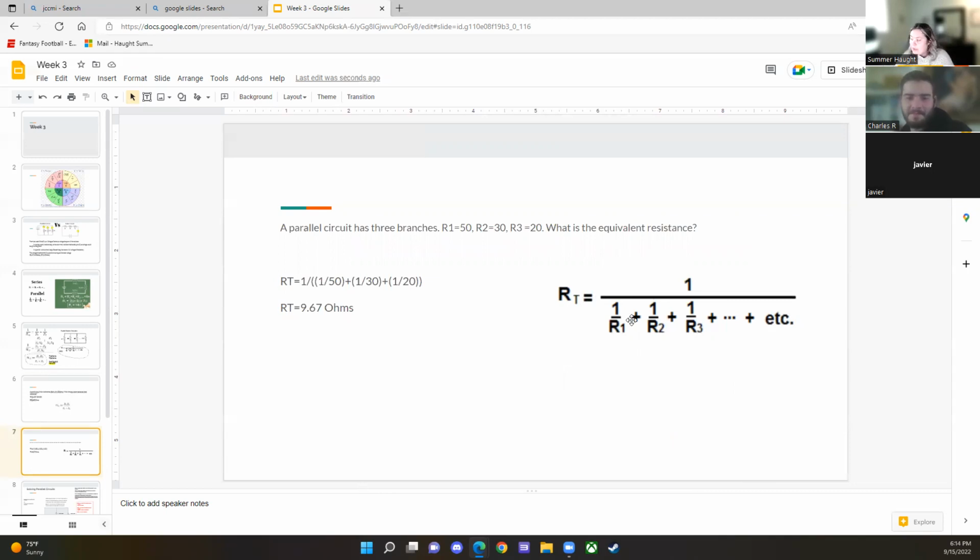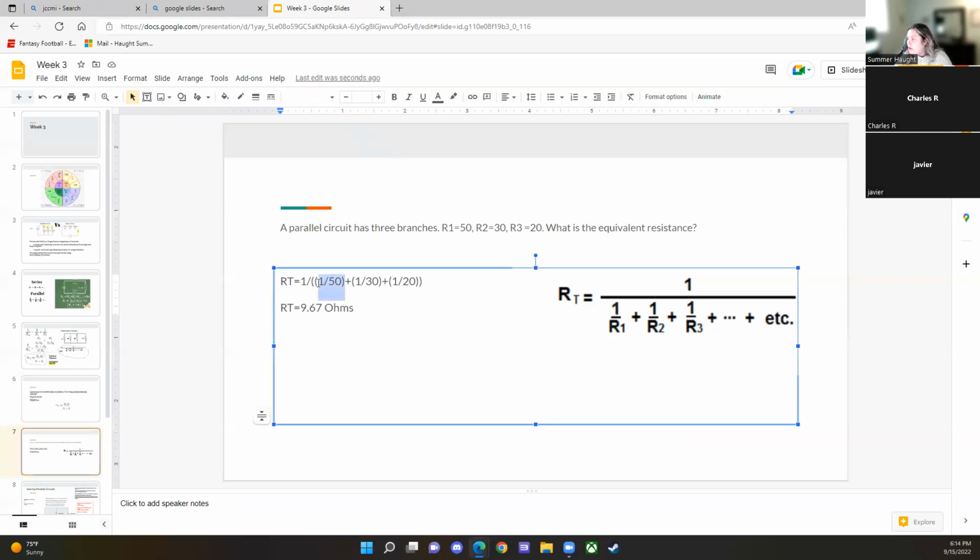How I would break this down is I would first find all of these components. If you write it out or type it into your laptop or calculator, 1/50 is R1, the part that's right here. 1/30 is the part that's right here, which is 1/R2, and then 1/R3 is 1/20.